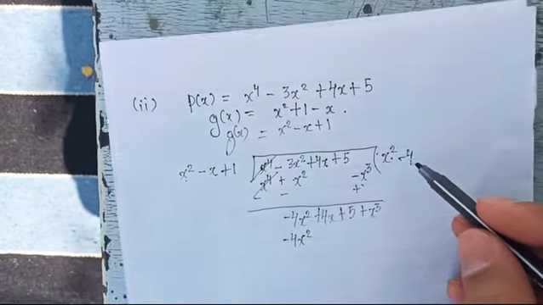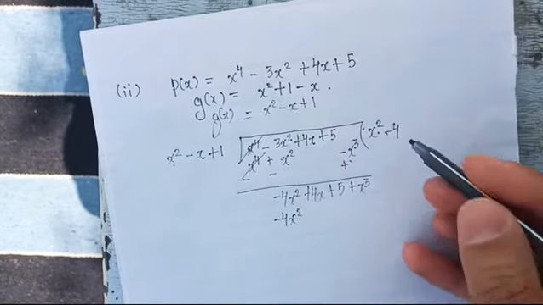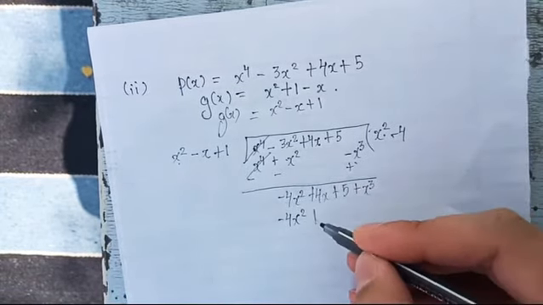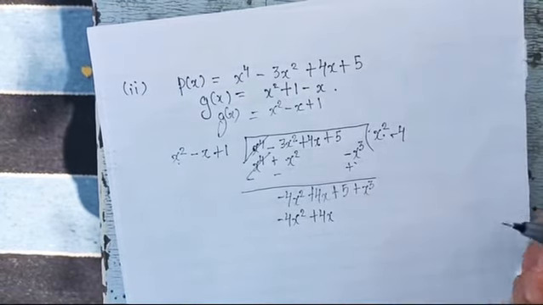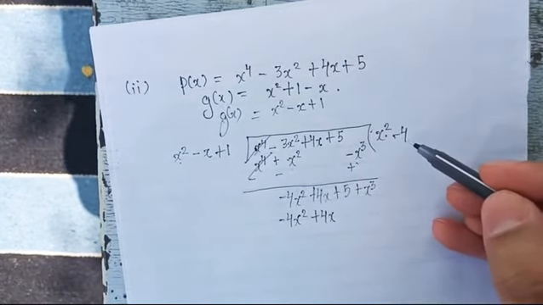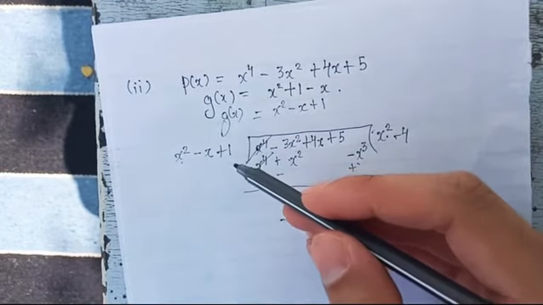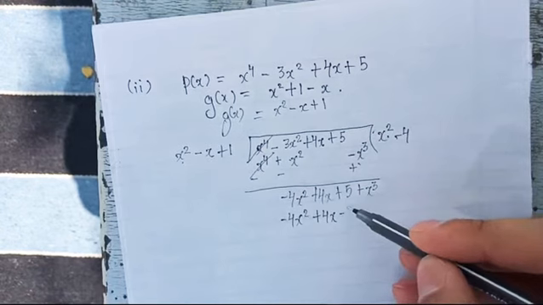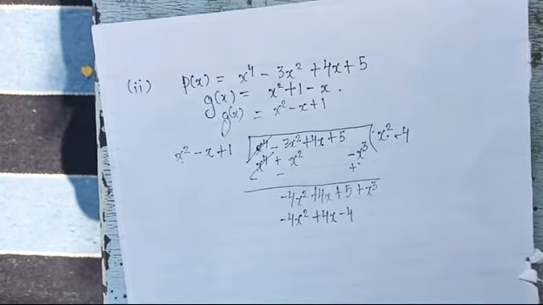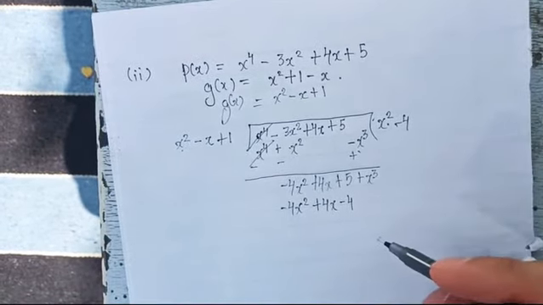Okay, now minus 4 will multiply with minus x, it will become minus minus plus, and 4 into x, plus 4x. Okay, now minus 4 multiplied with plus 1 will become minus 4. Okay, I hope it is clear now. Now x cube will remain as it is. Okay, there is no change in that.